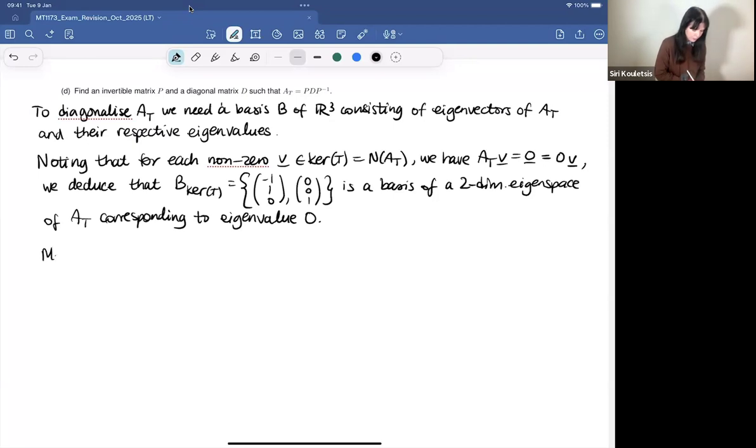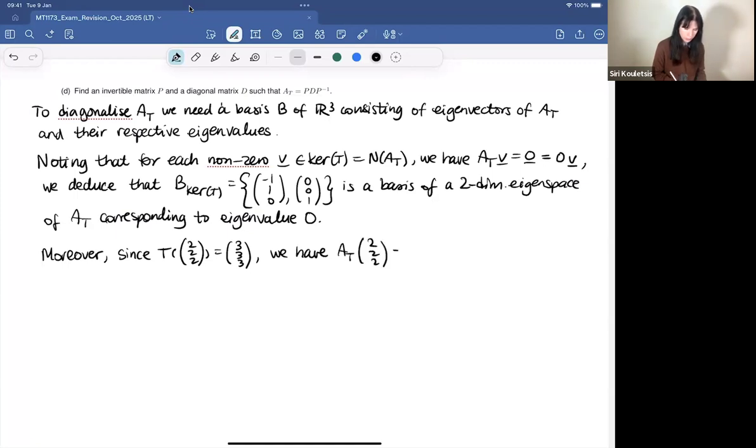And moreover, since we know that T of 2, 2, 2 is equal to the vector 3, 3, 3, AT times 2, 2, 2 is 3 over 2 times the vector 2, 2, 2. And so 2, 2, 2 is stretched by AT by a factor of 3 over 2.